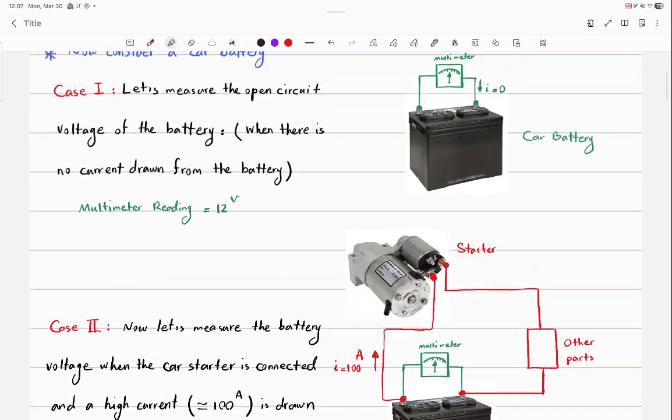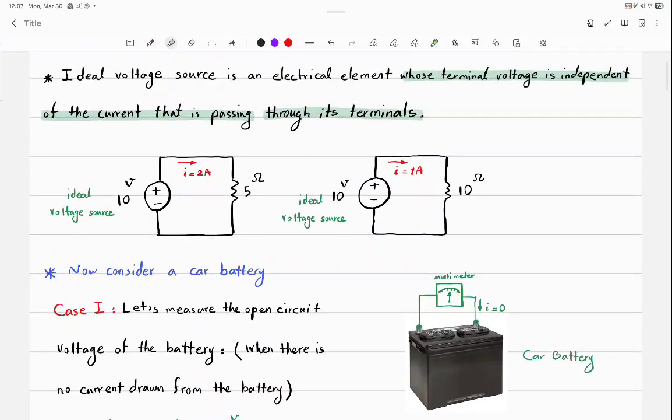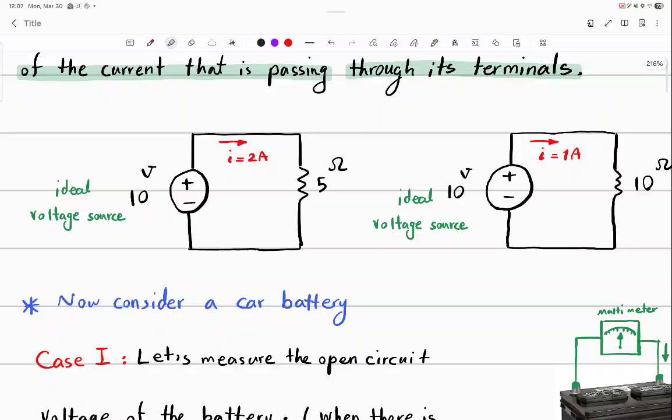Okay, so let me ask you this. We know that a car battery cannot be modeled by that circle with the positive and negative terminal, because that circle provides a constant voltage across the terminals no matter how much current you're drawing, and a car battery is not the case. So how should I model a car battery or any practical voltage source?